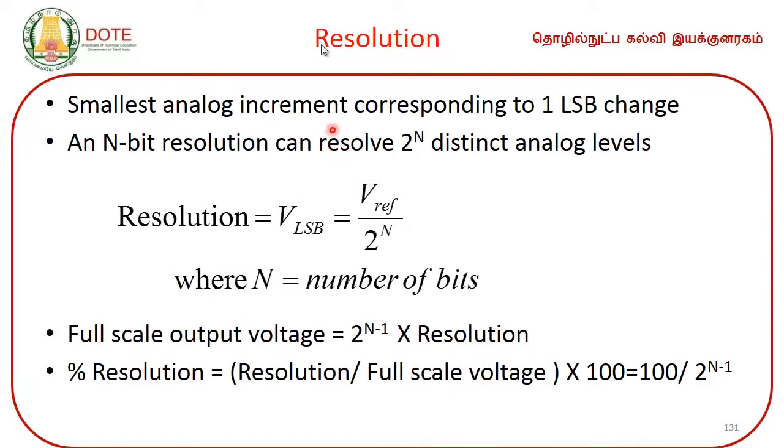So, these are some of the specifications we have to understand with respect to digital to analog converters. What is resolution? That is the smallest analog increment corresponding to 1 LSB change. What does it mean? In a digital to analog converter, we give a digital bit pattern as input and we get the analog output.